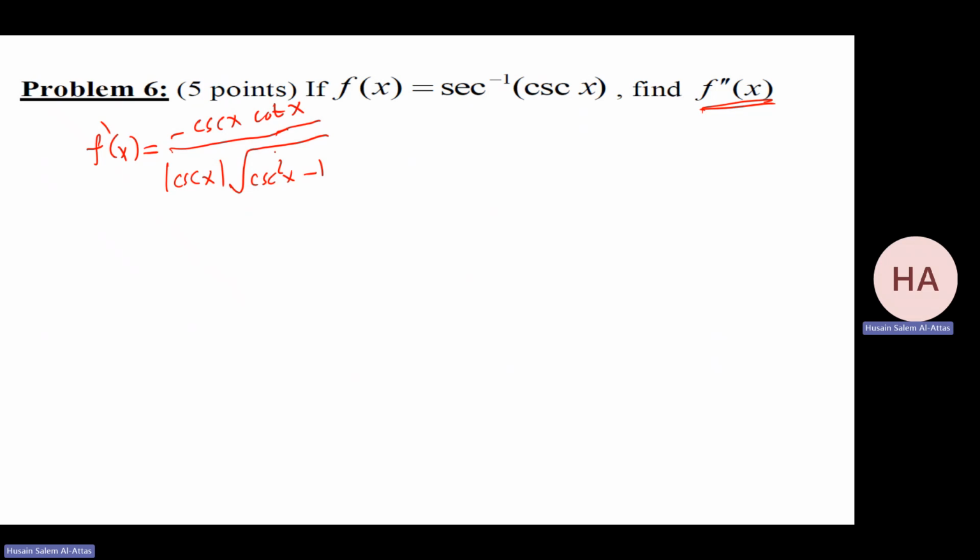I think this question was when we called, yeah, assume I put a condition that cosecant x is positive. Let's do it. What's cosecant square minus 1? And when 1 plus cotan square is equal to cosecant square.